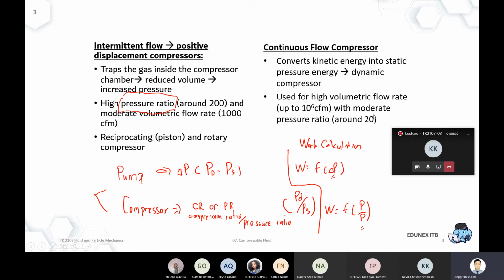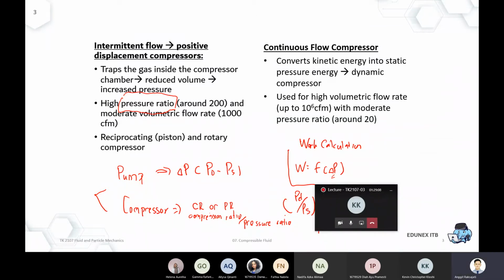So for the positive displacement compressor, you can achieve a very high pressure ratio, even more than 10, it's possible. For a centrifugal, that's not possible. That's just very inefficient. For a centrifugal compressor, the compression ratio would be between 1 to 3 or even probably 1 to 4.